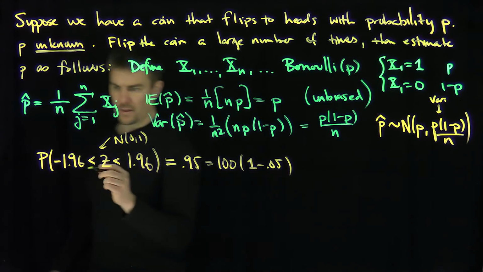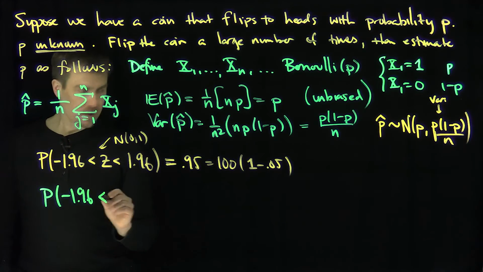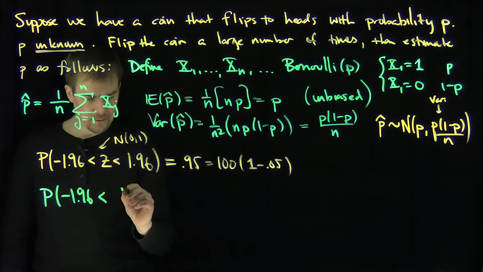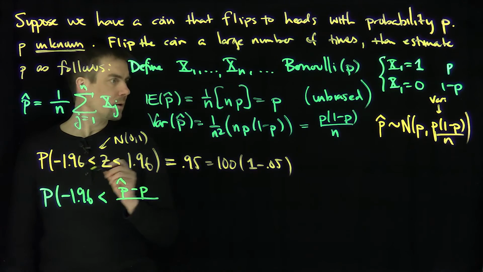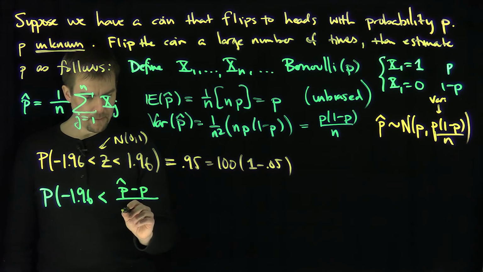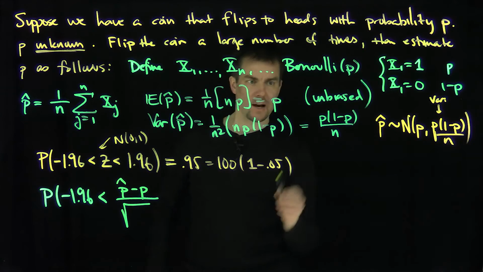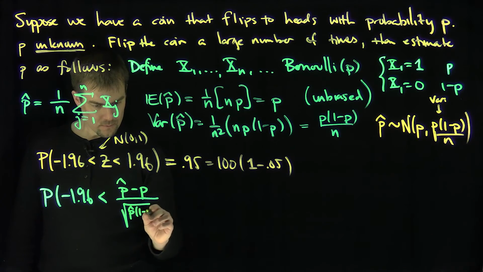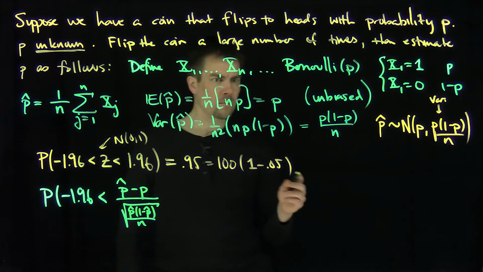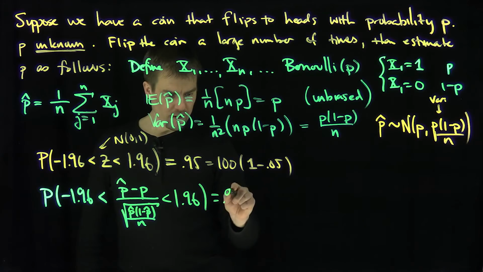I can say that the probability that negative 1.96 is less than p hat minus p over the square root of p hat 1 minus p hat over n, where I now estimate p by p hat, is less than 1.96 is equal to 0.95.